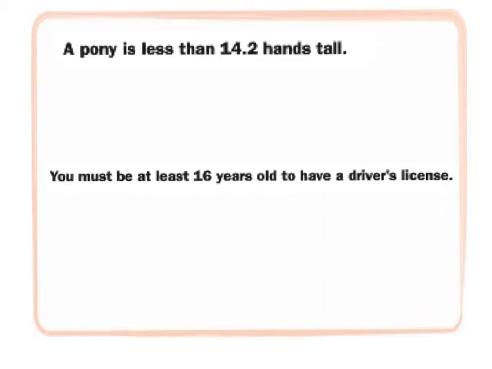Okay, my first step is to set the variable based on the words. A pony is less than 14.2 hands tall. So pony less than 14.2. p is going to be my variable for pony.